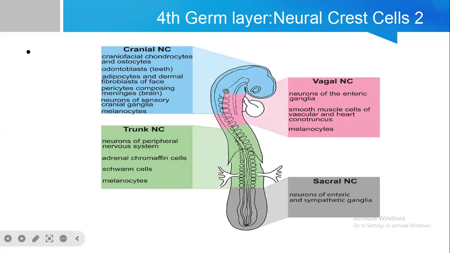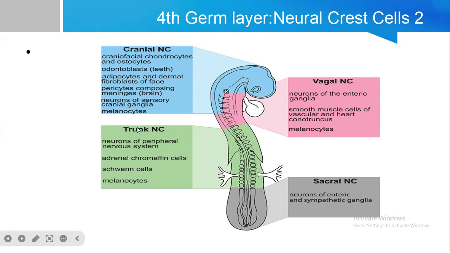So I found this picture, which tries to illustrate cranial neural crest cells in blue, truncal neural crest cells in green. Then there are sacral neural crest cells in, I think that's gray. Then vagal neural crest cells in pink, right?